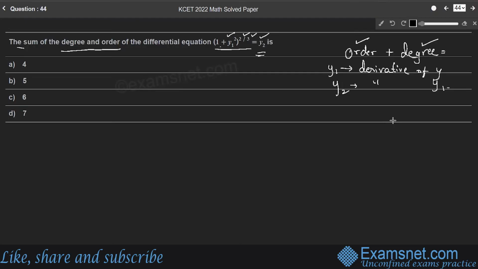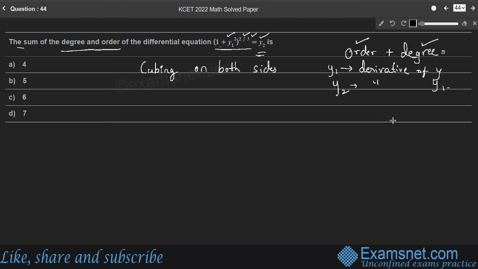In any differential equation, while finding the degree and order, the power should not be a fraction. Let us convert the power to a whole number. For that, we cube both sides, LHS and RHS.